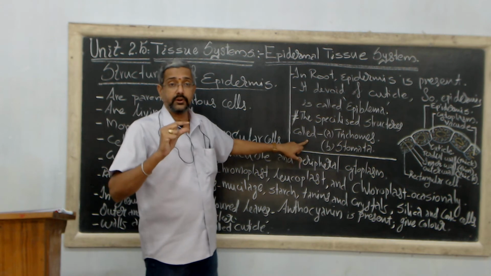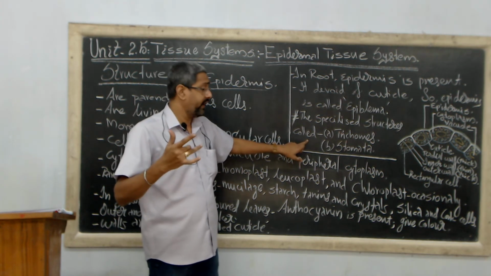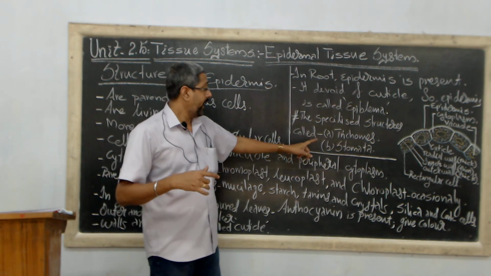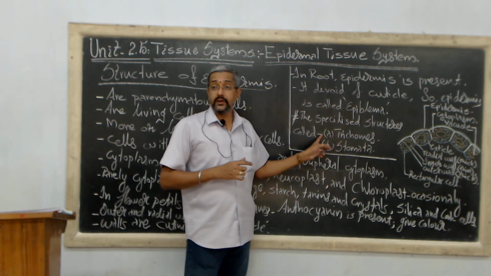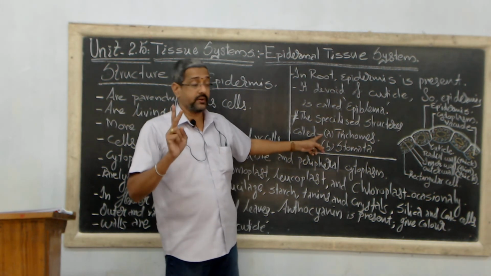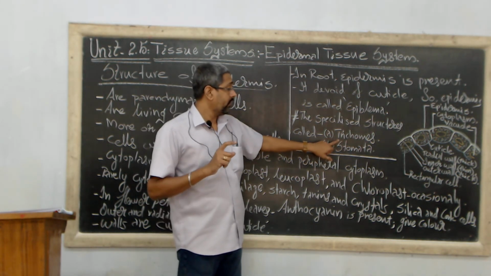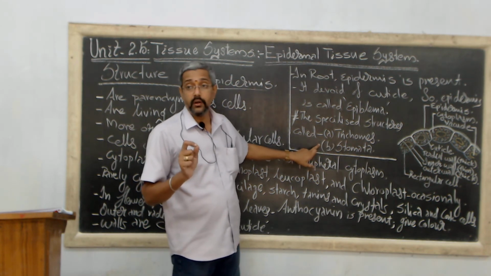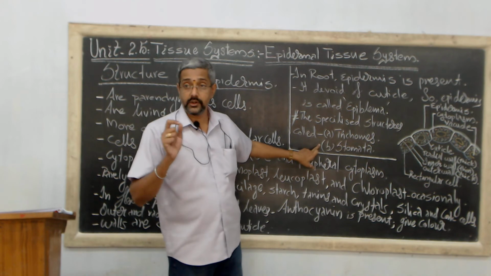That is, the epidermal cells or tissue become modified or developed as specialized structures, and such specialization in the epidermal tissue develops two types of structures. One is called trichomes, and the other is called stomata.